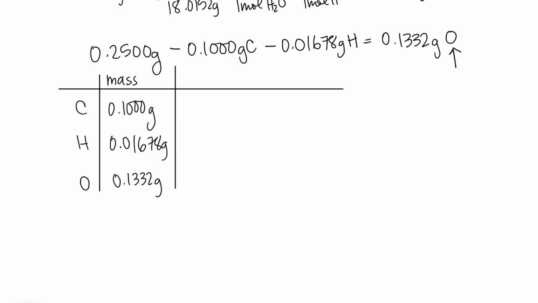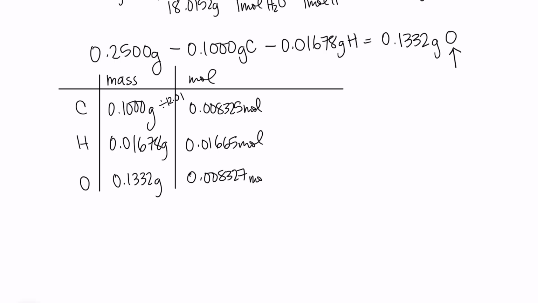If I divide by the molar mass to get moles, this gives me 0.008325 moles of carbon, 0.01665 moles of hydrogen, and 0.008327 moles of oxygen. I've done mass to moles.